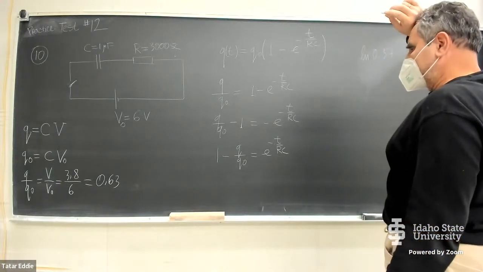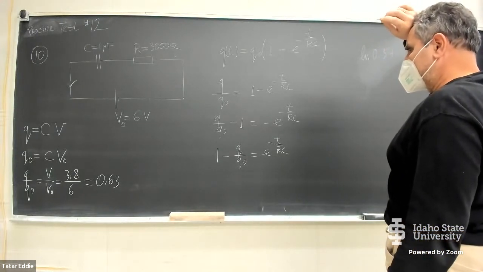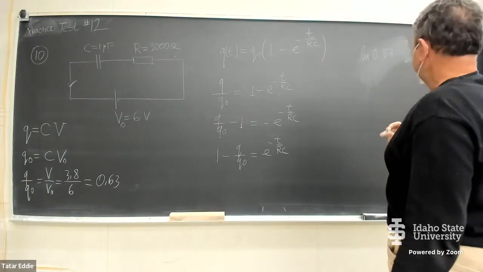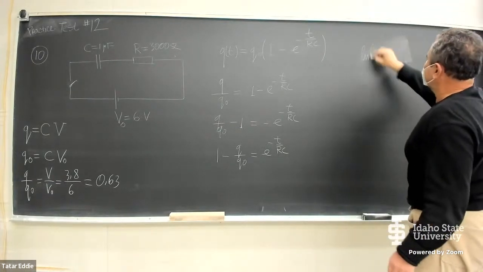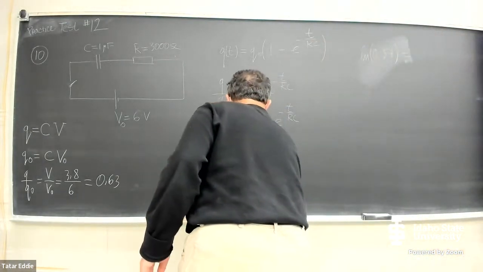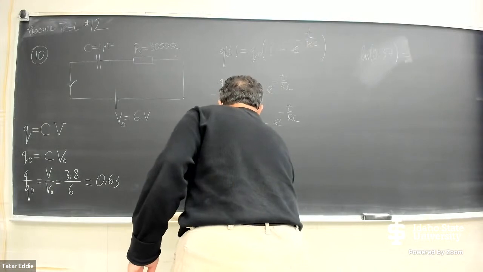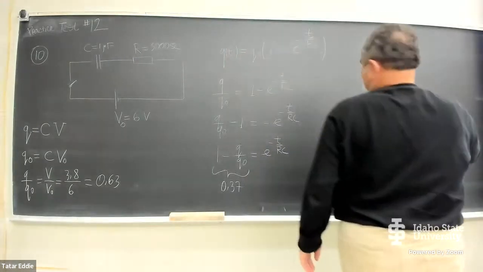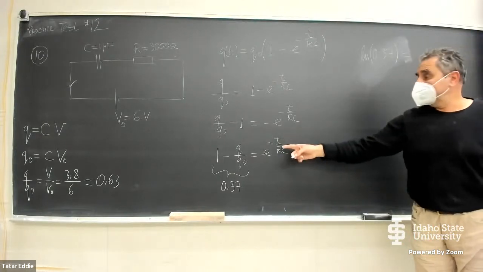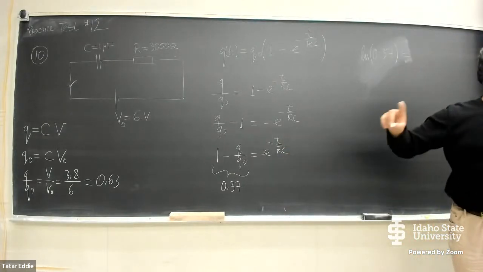Wait a second, the minus sign. Yes, the logarithm of 0.37 is equal to the logarithm of the exponent, which is the power of the exponent.